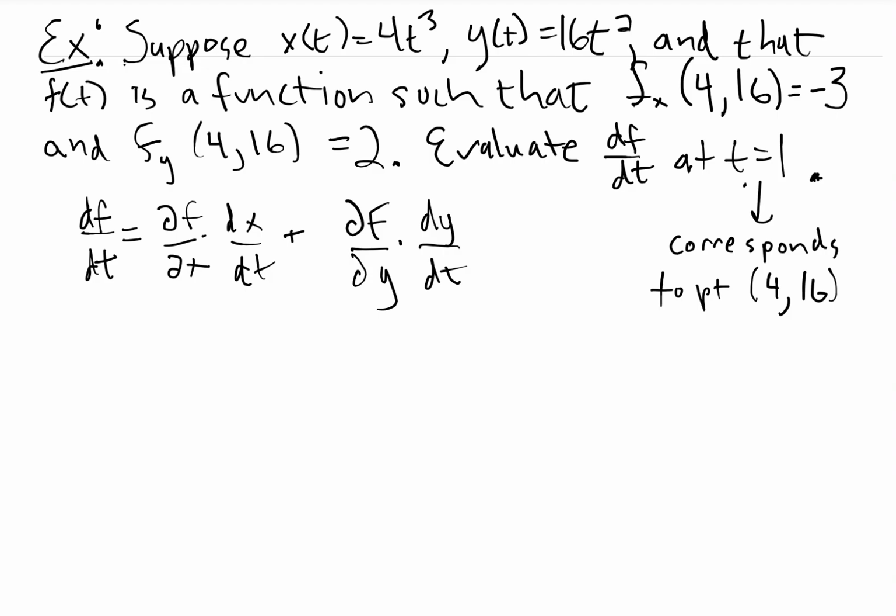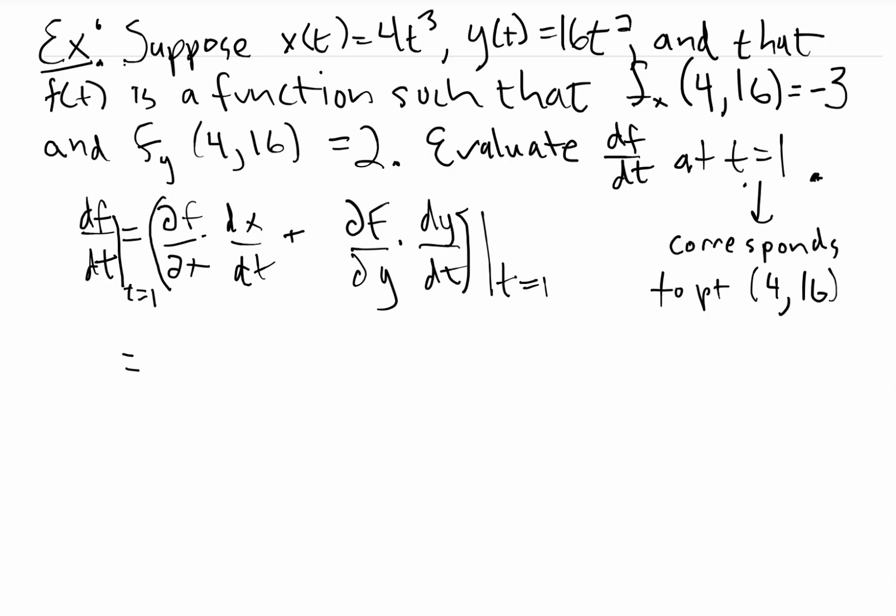So let's actually take a look at this here. If I want to restrict this entire thing to t equals 1, well, I need an f partial with respect to x at the associated point.